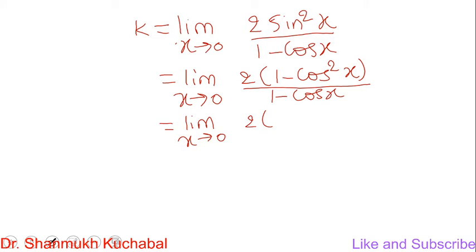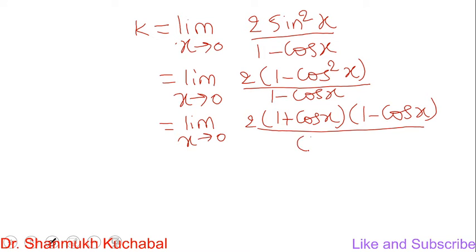So numerator 1 minus cos square x, a square minus b square, then we can write this as a plus b, 1 plus cos x, and one more 1 minus cos x, whole divided by 1 minus cos x. So further 1 minus cos x from numerator and denominator get cancelled.